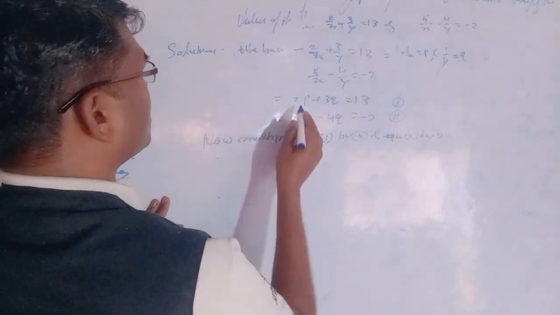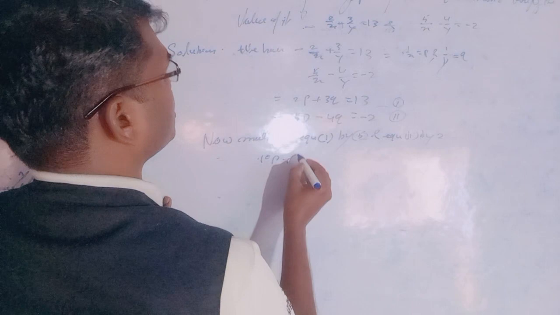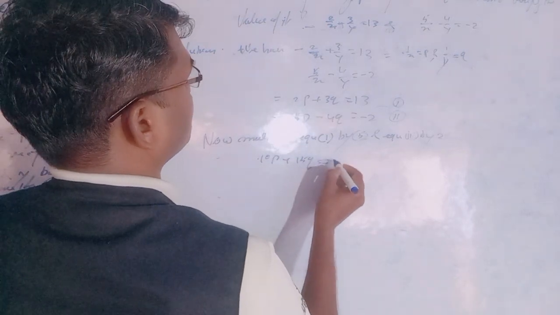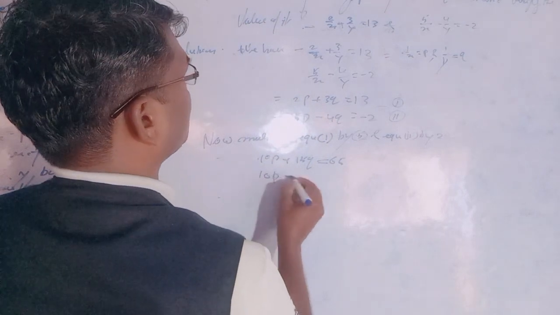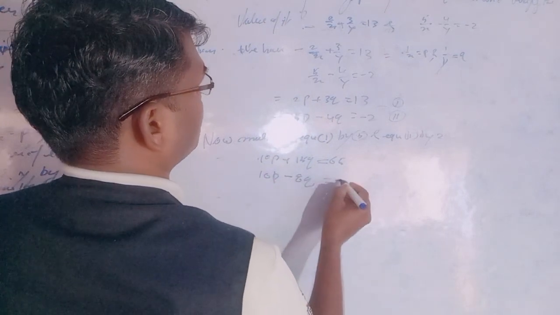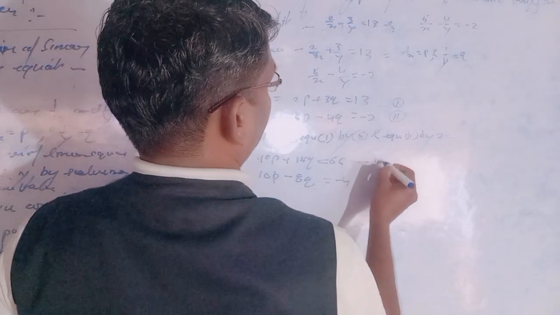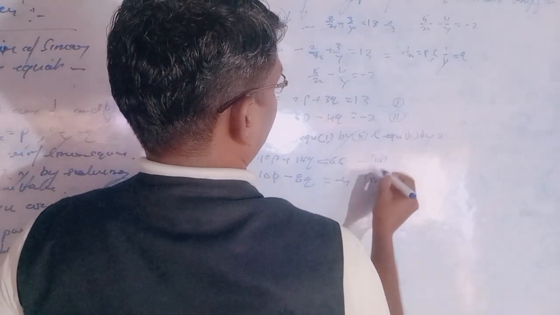We get 10p plus 15q is equal to 65, and 10p minus 8q is equal to minus 4. This is the third and this is the fourth equation.